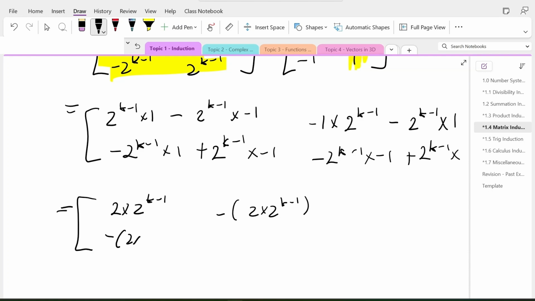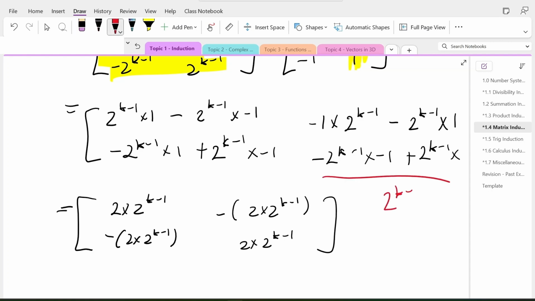And then it sort of just works like that. So it's collecting like terms. And then this last one should be 2 times 2 to the K take 1. You can do a middle step here if you want as well. You could have, for example, this one here being 2 to the K take 1 plus 2 to the K take 1, and that would show you that it is 2 times 2 to the K take 1.